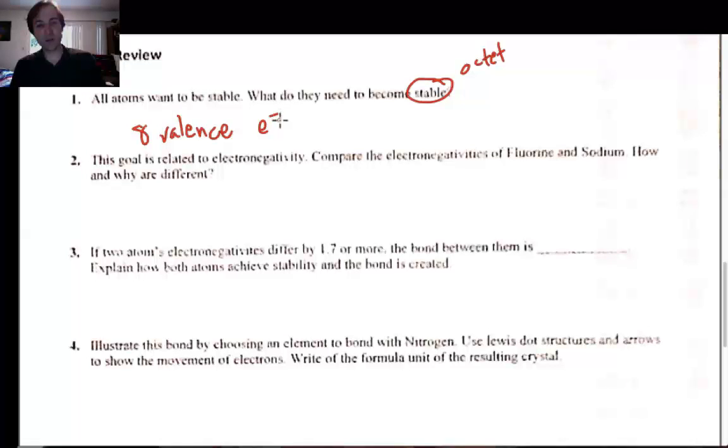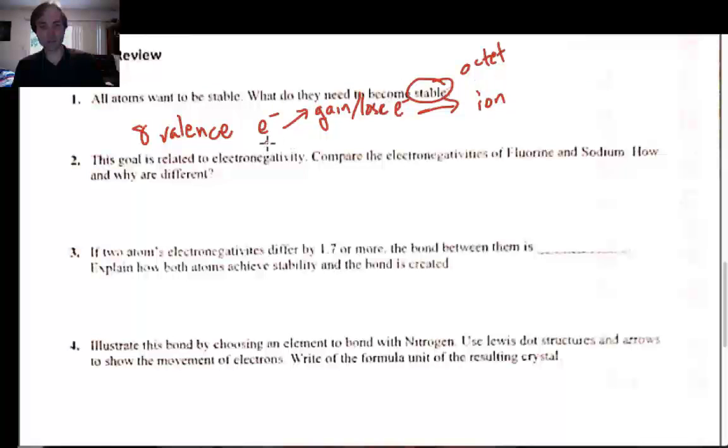Now the thing I want you to think of next is that not all atoms are going to get to their octet, or their valence electrons, the same way. So for example, they may get there by gaining or losing electrons. If that's the case, then they're going to get to their octet by forming an ion.